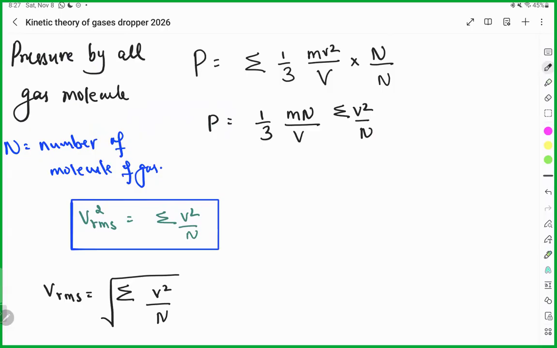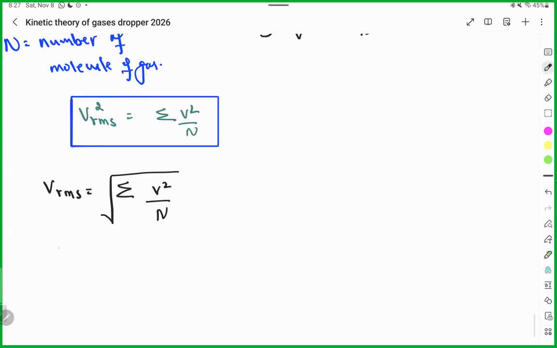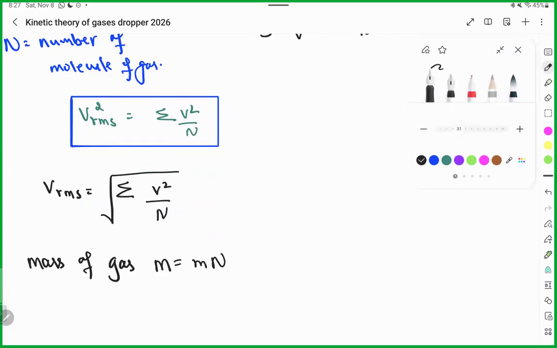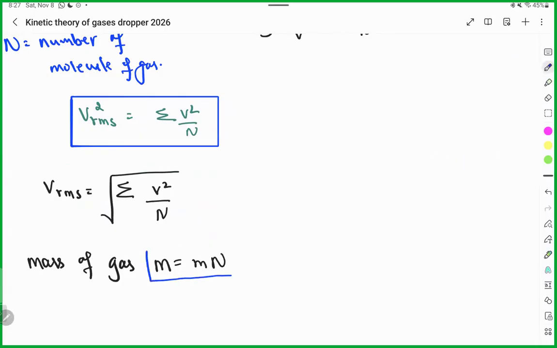And also, if you take the mass of the gas, capital M, will it be equal to small m times n, the number of molecules? Example: if one ball has a mass of 1 kg, what is the mass of 100 balls? 100 kg.